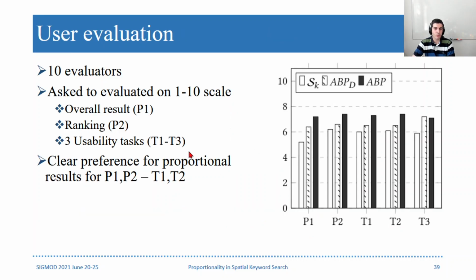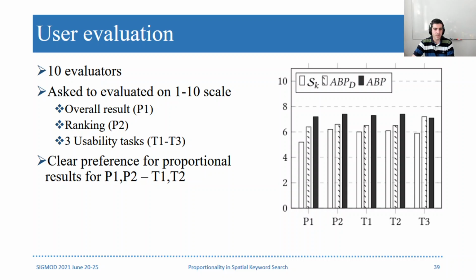Finally, we conducted a user evaluation to attest for the preference of users for proportional results. We presented them with 10 random queries from both datasets and the results according to the three alternative frameworks. That is, results based on relevance, diversity, and proportionality.